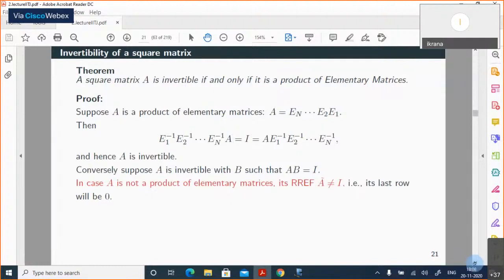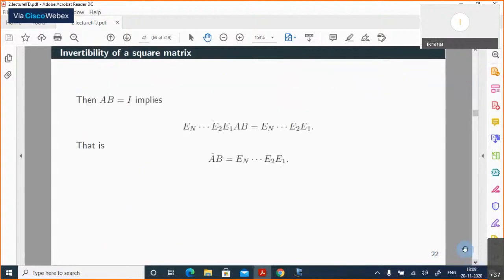So let us assume the last row is 0, and let A tilde be the reduced row echelon form obtained from A by pre-multiplication of elementary matrices. Now AB is identity, that is given to me, so let us apply the elementary matrices multiplied by B. That gives A tilde B, which is equal to E1, E2, En.